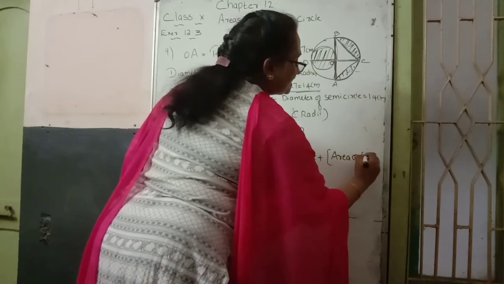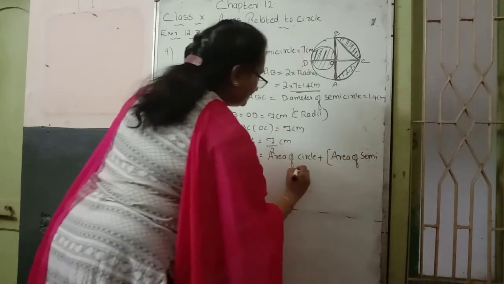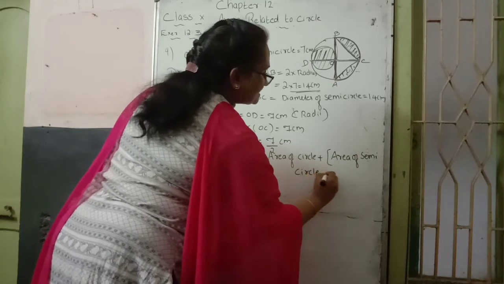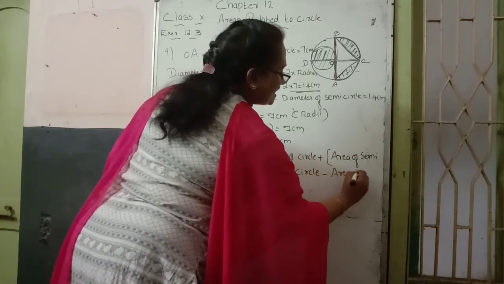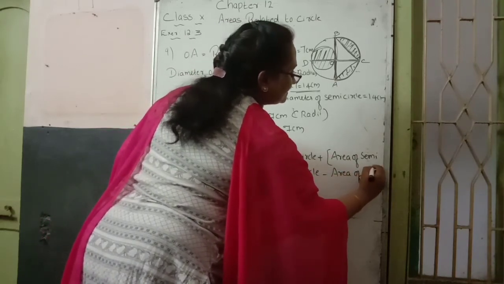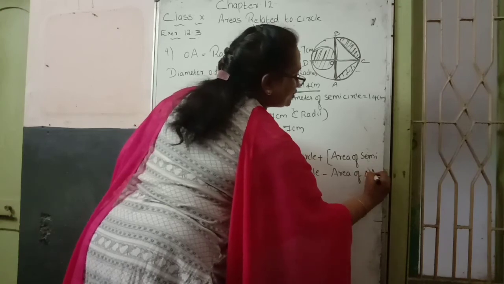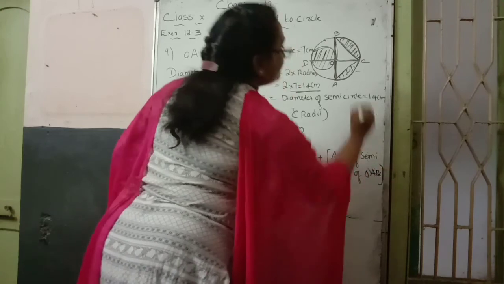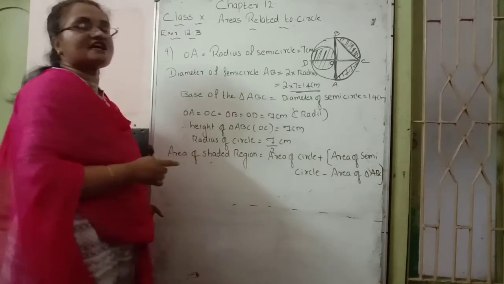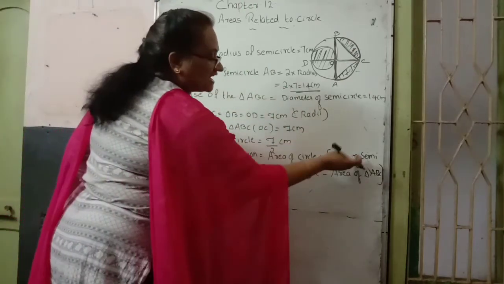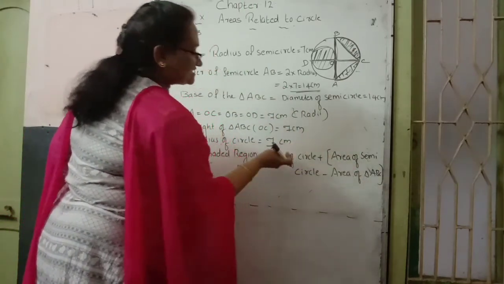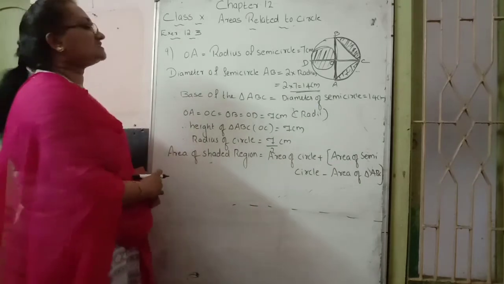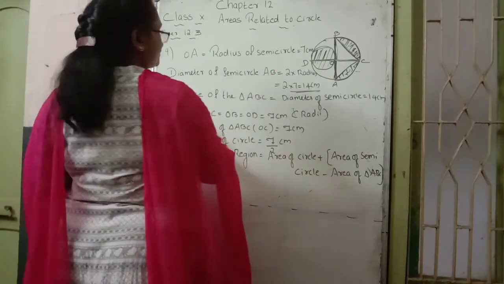Area of semicircle part is subtracted with the area of triangle ABC. Then only this shaded part area we will get. Then here, that calculation answer is added with the area of the circle. That is the meaning of that question.